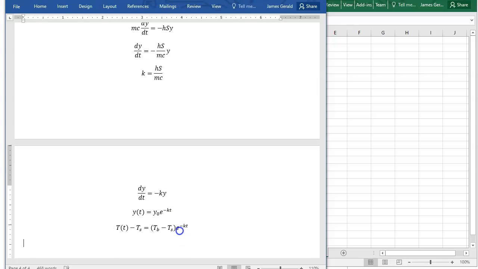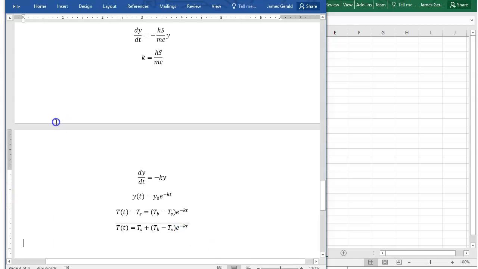Now we have this nice little equation. T of t is T of the surroundings plus T of the body minus T of the surroundings times this decaying exponential, which makes complete sense, right? This is eventually going away, leaving us with just T of the surroundings. But when we put t equals 0, we end up with T of the body, right? That makes complete sense. And so we've got our equation here for temperature as a function of time.